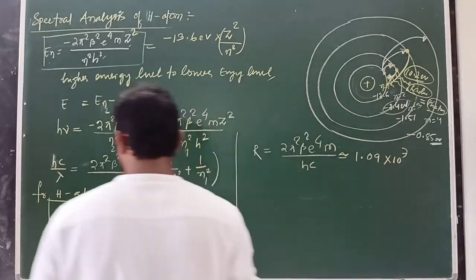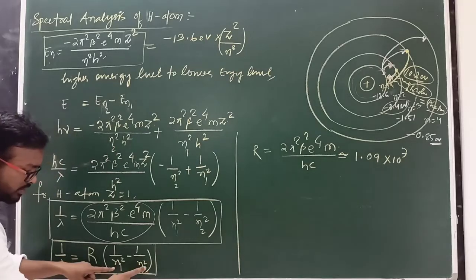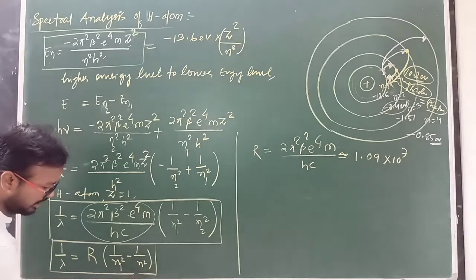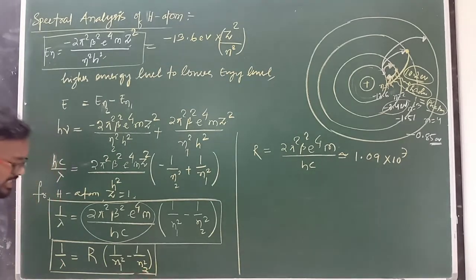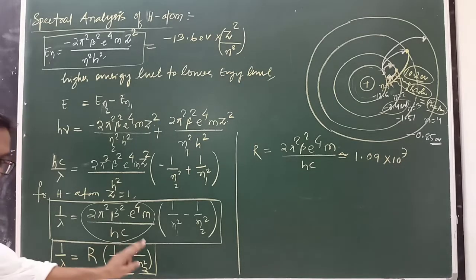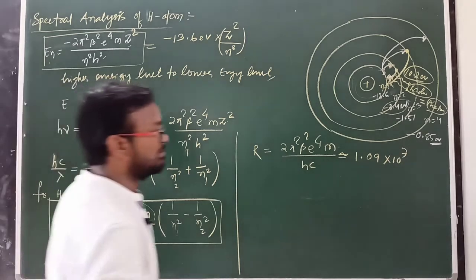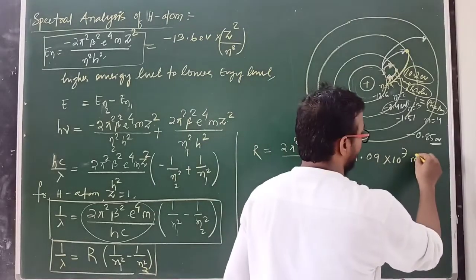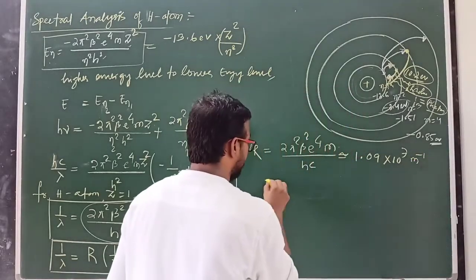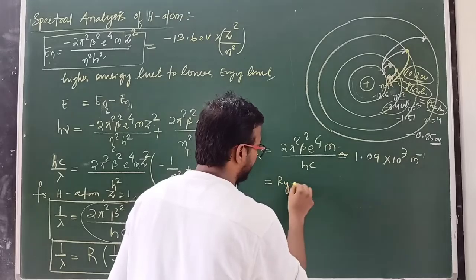Here n is the number of the orbit, a principal quantum number, an integer. Lambda is your wavelength and its unit is meter, so R is in meter inverse, m minus 1, and this constant is known as the Rydberg constant.